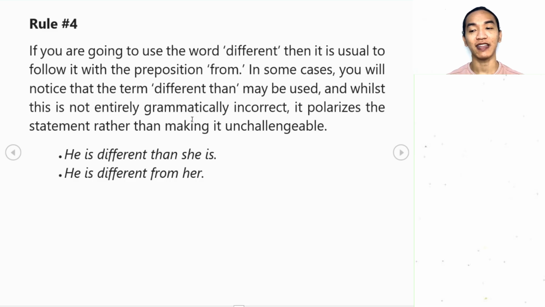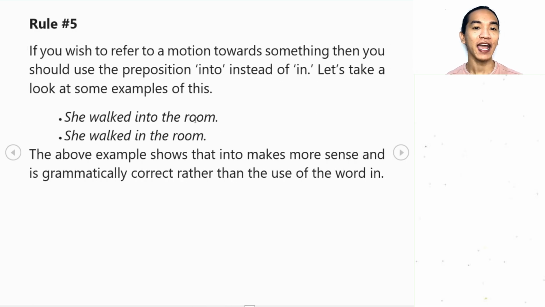And number five, if you wish to refer to a motion, an action towards something, then you should use the preposition into. If there is an action being referred to, you take a look at your verb, then it's better to use into instead of in. Example: she walked into the room.